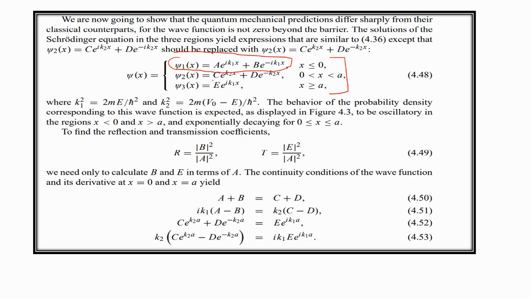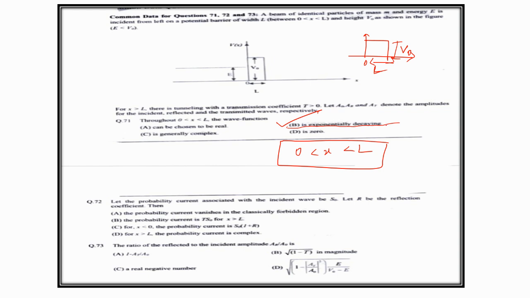In the second region, you will get exponential function. In the third again you will get complex. So for the second region, you are getting exponential decay because the probability of finding the particle in that region when E is less than V will be exponentially decaying. So for this question, the answer will be exponentially decaying. So it will go like this way. So this is 0 L. So first it will be like this, then it will go like this way, then again it will go like this.